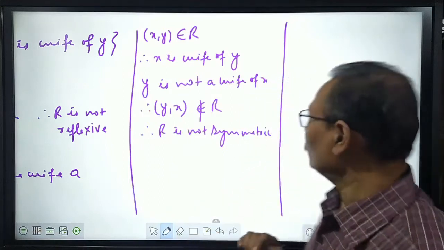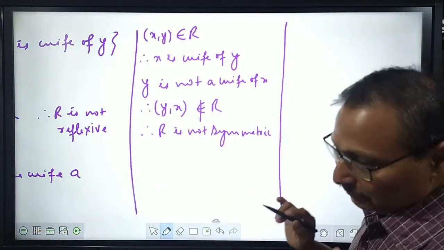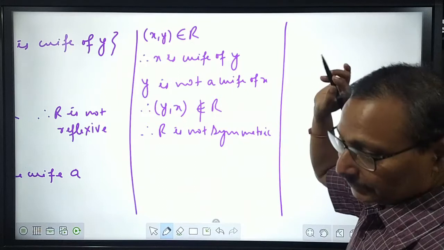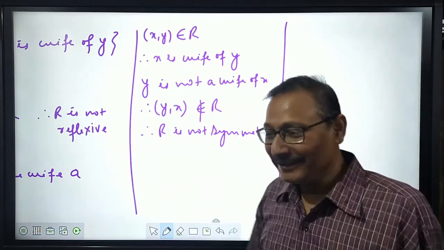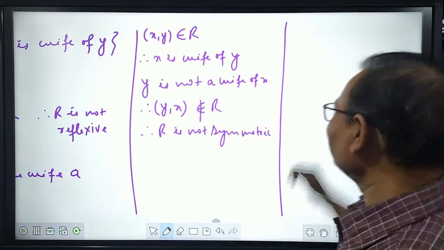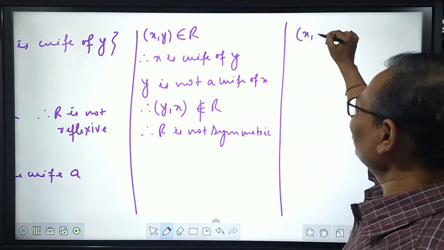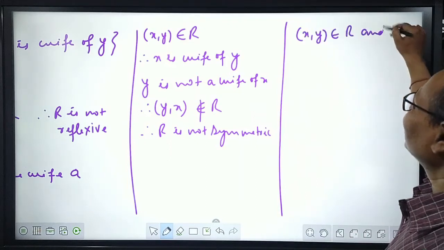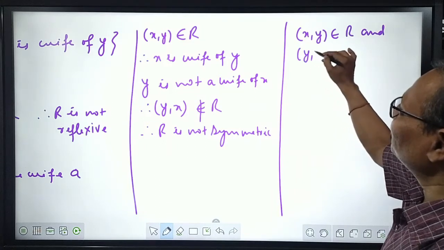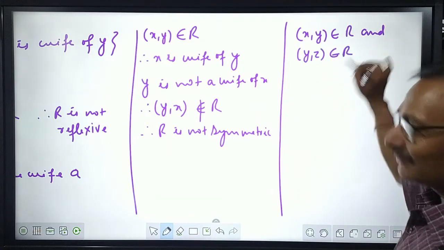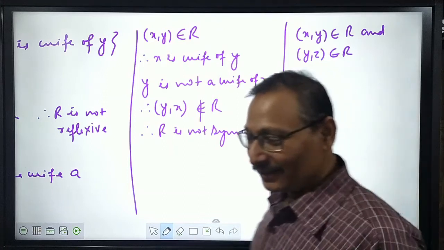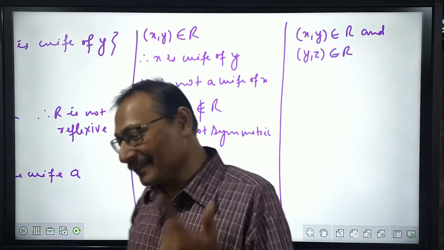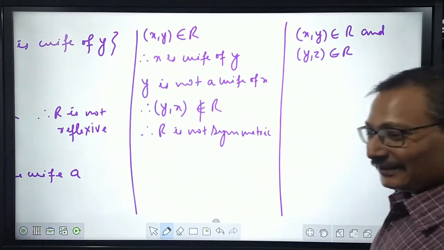First of all, I hope you will be in a state of laughing if I say x comma y belongs to R, and y comma z belongs to R. Actually, it is not possible.